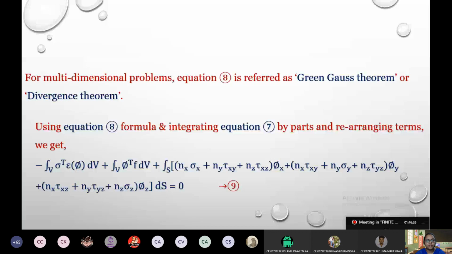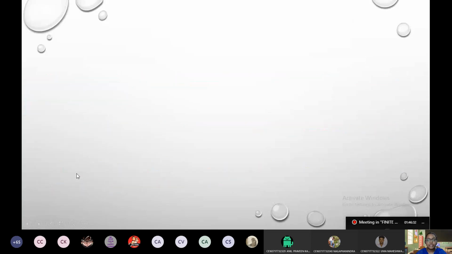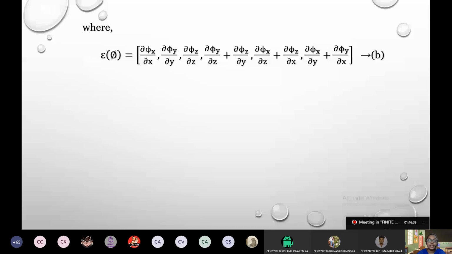In this, we have an equation epsilon phi. Epsilon phi is the arbitrary displacement matrix that we have taken. So our epsilon phi will be in the same format as we formed for epsilon in the strain displacement equations: dou phi x by dou x, dou phi y by dou y, dou phi z by dou z.